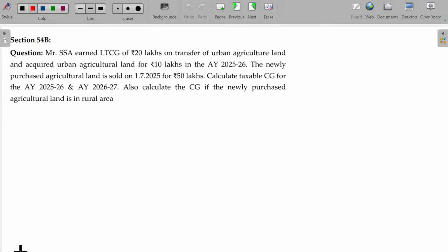Now let's see. Mr. SSA earned long-term capital gain of 20 lakhs on transfer of urban agricultural land and acquired urban agricultural land for rupees 10 lakhs in the assessment year 25-26.